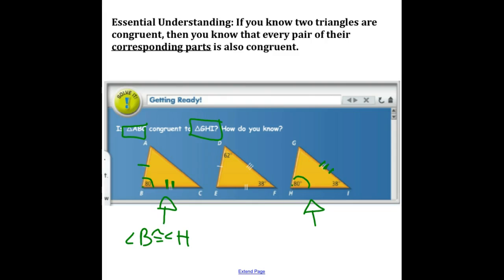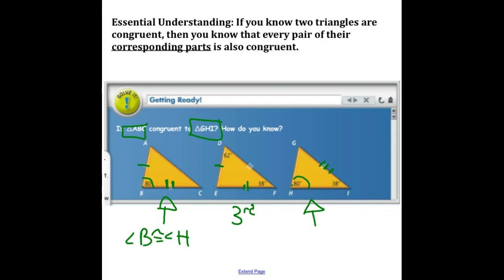Now we can't really make any more comparisons between these two triangles, but we do have a third triangle here in the middle. And we can make comparisons between these two triangles and this third one. It says, is ABC congruent to GHI? How do you know? Well, if I'm looking at DEF, I can see that AB and DE have the same congruent marker on them, and BC and EF have the same congruent marker on them.